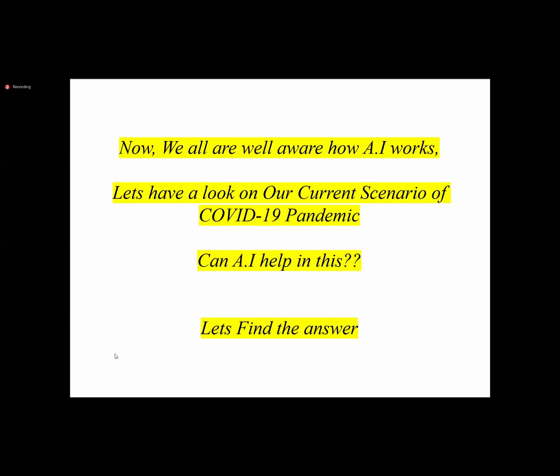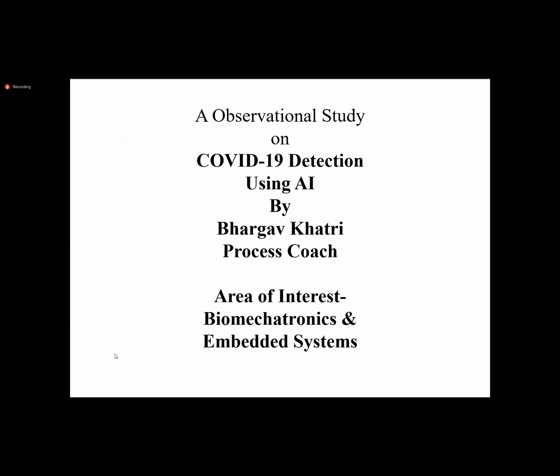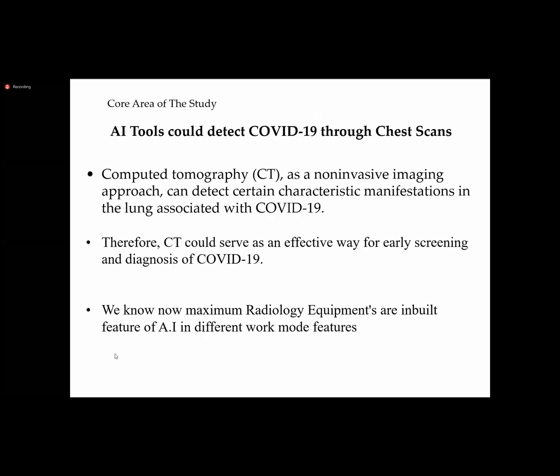As we know, we are now facing the worldwide COVID-19 pandemic, and AI is helping us nowadays. This is an observational study on COVID-19 detection using AI by Mr. Bhargav Khatri, where AI tools can detect COVID-19 through chest scans. Computed tomography, as a non-invasive imaging approach, can detect certain characteristic manifestations in the lungs associated with COVID-19.